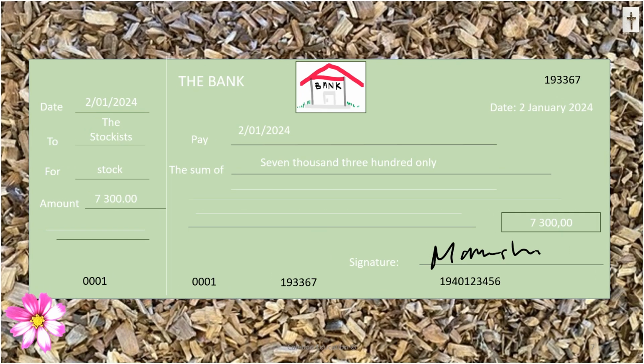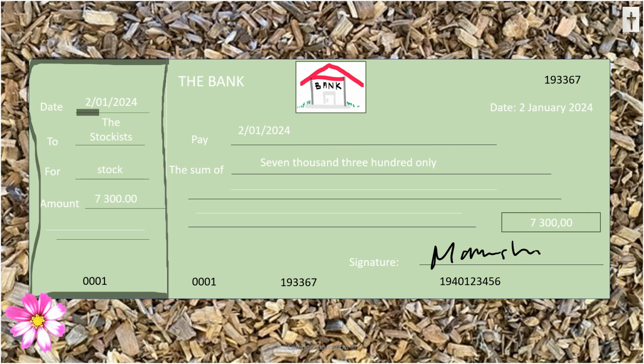This here is the check. Now let's just run through this quickly. We have the date. This piece here on the left is called the check counterfoil. And what happens with the check is, oh, there's a mistake. It should say the stockists.